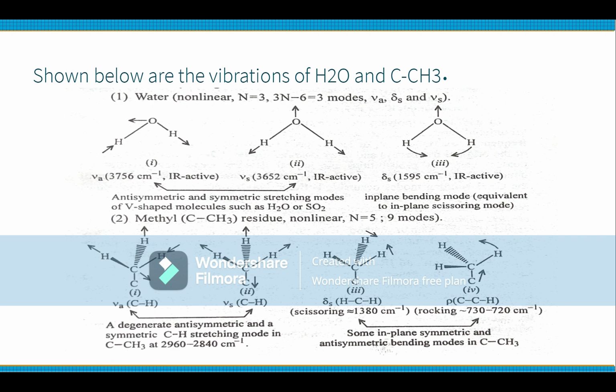Below that diagram, I have shown a system having more than 3 atoms. If a system has only 3 atoms, out of plane vibrations cannot take place. But here I have taken the example of a methyl group, CH3, connected to a carbon. Here the number of atoms is more than 3. So you see several kinds of vibrations are possible.